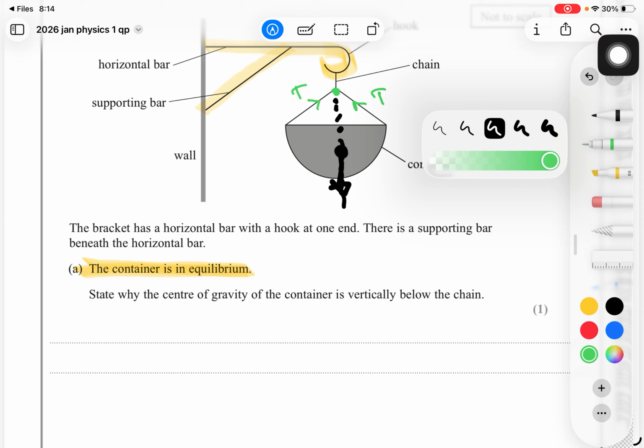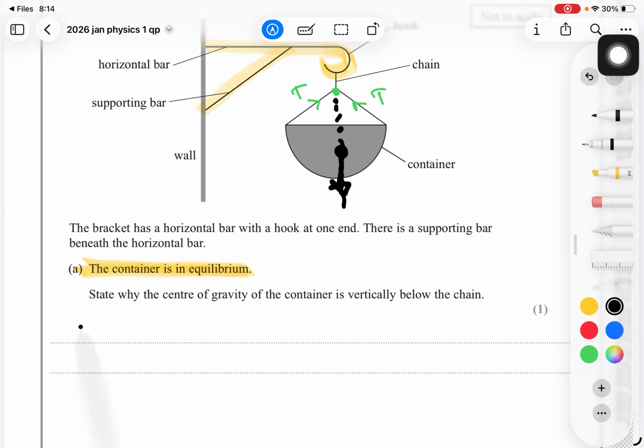So here we can just write the reason, since it's just a one marker. That's the reason, because the moment has to be 0.